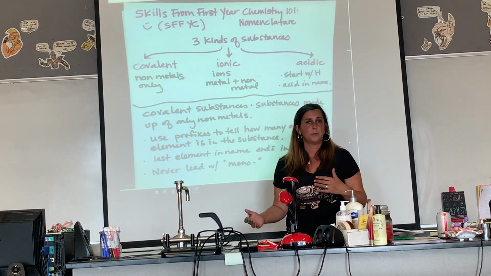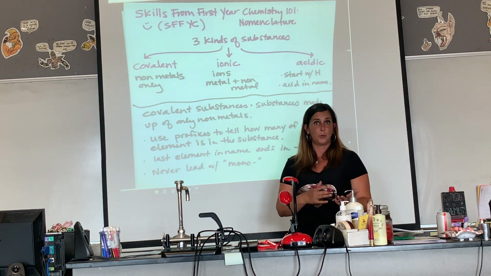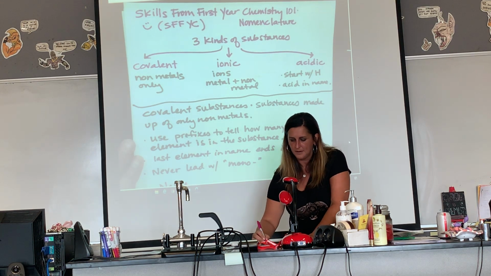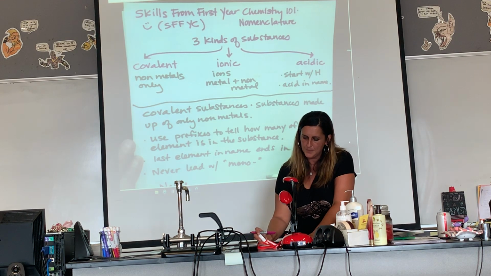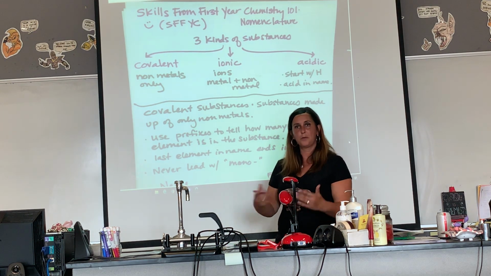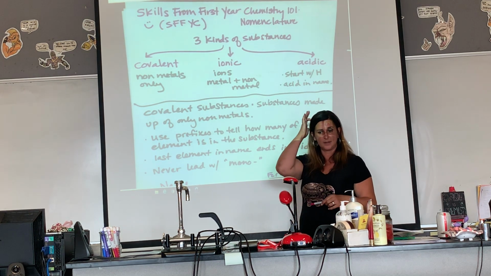So let's say, for instance, that we're trying to name something or come up with the formula based on the name. And so what we're going to do is just make a little table. We're gonna have name and formula. And we'll just work through a couple of examples based on these three rules for covalent substances.